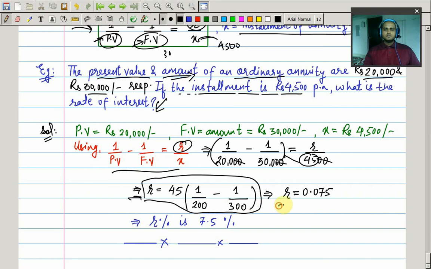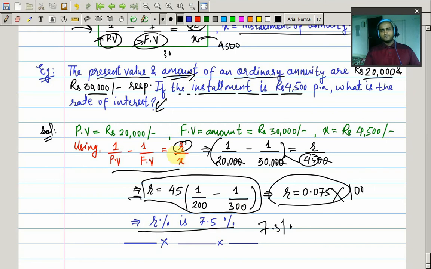Solve this, you will get R is equal to 0.075. Multiply this by 100 to get the rate is 7.5%. And I think this is the last question of this lecture. So let's stop here. This is the end of our 5th lecture. Thank you.